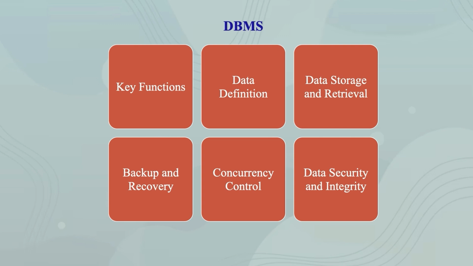Data storage and retrieval provides the mechanism to store the data persistently and retrieve it efficiently using queries. Data security and integrity ensures the data is secure, consistent and protected from unauthorized access.